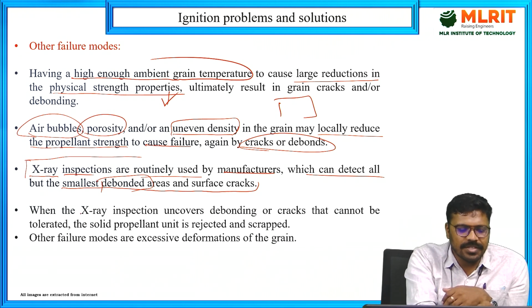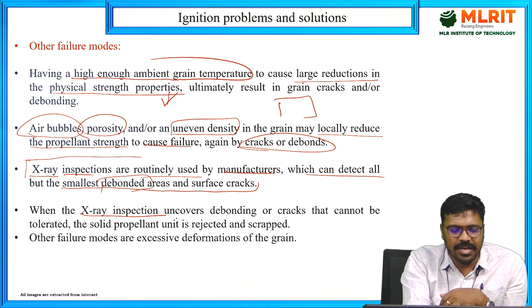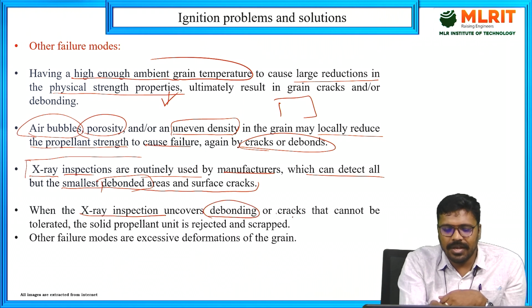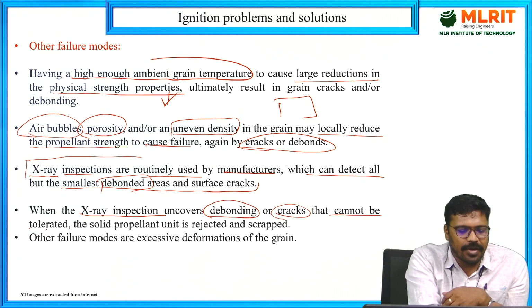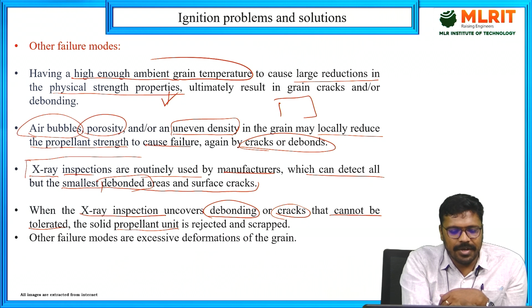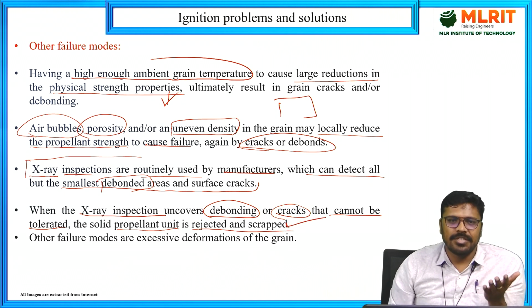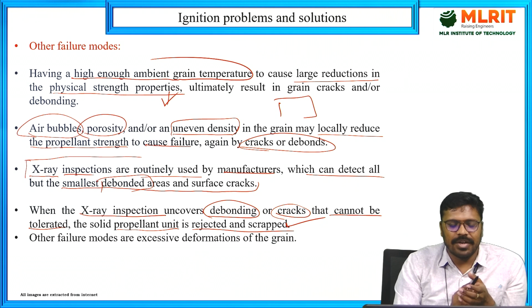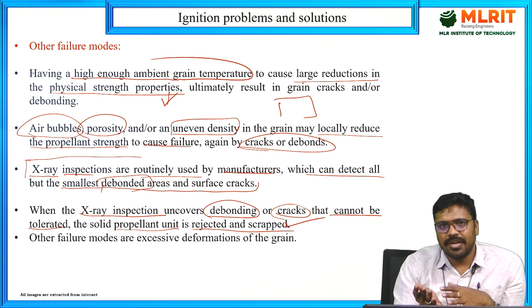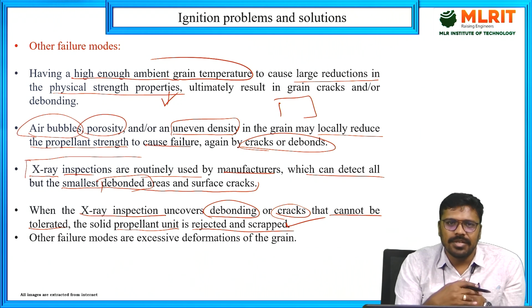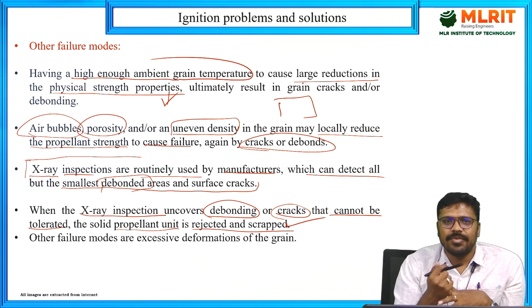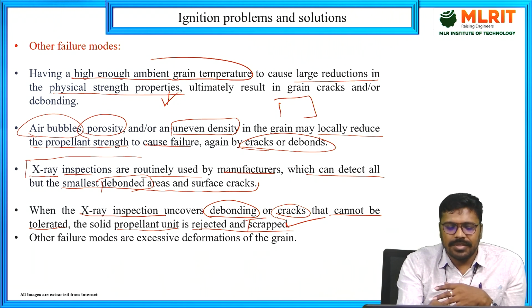When the X-ray inspection uncovers debonding or cracks that cannot be tolerated, the solid propellant unit is rejected and scrapped. If the inspection finds more debonded areas, or if the density distribution is not proper, we should not use that propellant grain. We can send it to scrap.